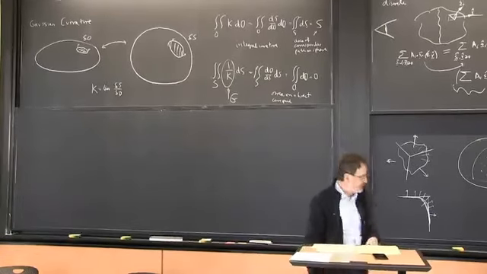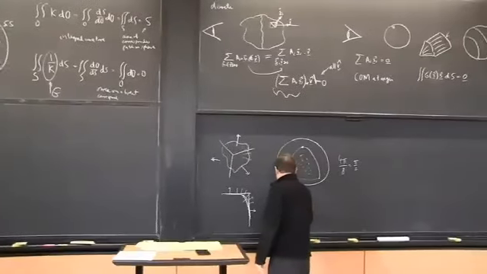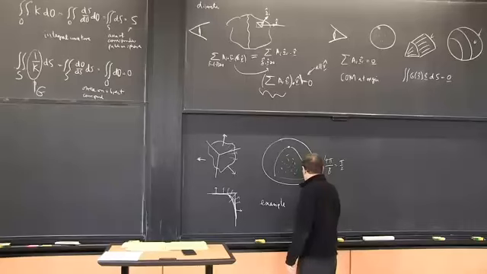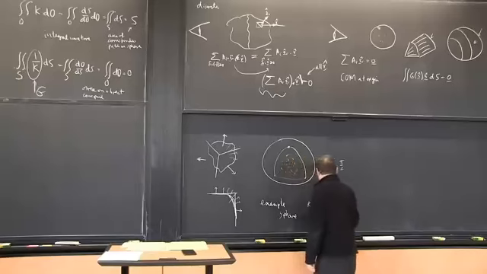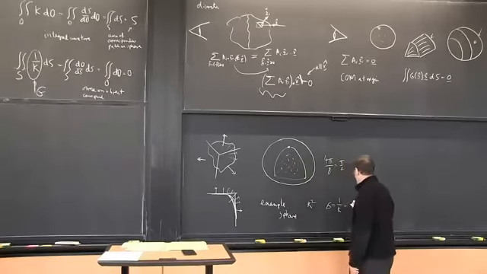Okay, examples. Now we already know that for a sphere, the EGI is very simple. It's just r squared, because g is 1 over k, and k is 1 over r squared.